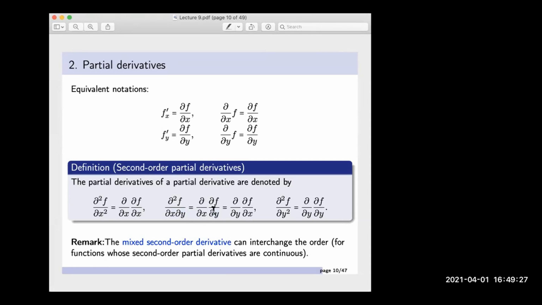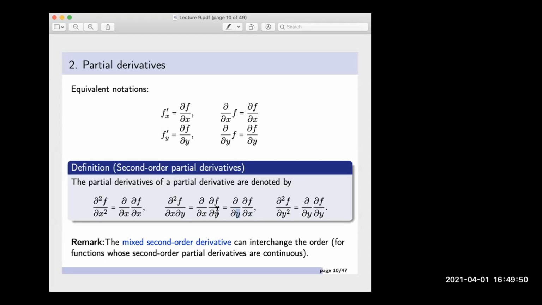So it's still the partial derivative of a partial derivative. You take two partial derivatives, but first take a partial derivative in y, then take a partial derivative in x. Of course, you can reverse the order. First take a partial derivative in x, and then take a partial derivative in y.